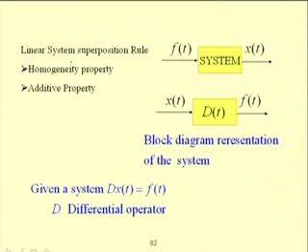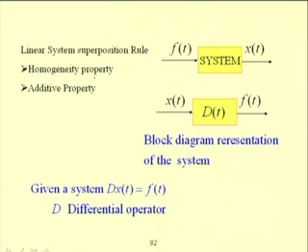In the case of a linear system, it satisfies both the homogeneity property and the additive property. In the homogeneity property, if for a given force F(t) the response is x(t), and we apply a force alpha F(t), where alpha is a constant, then the response would be alpha x(t).